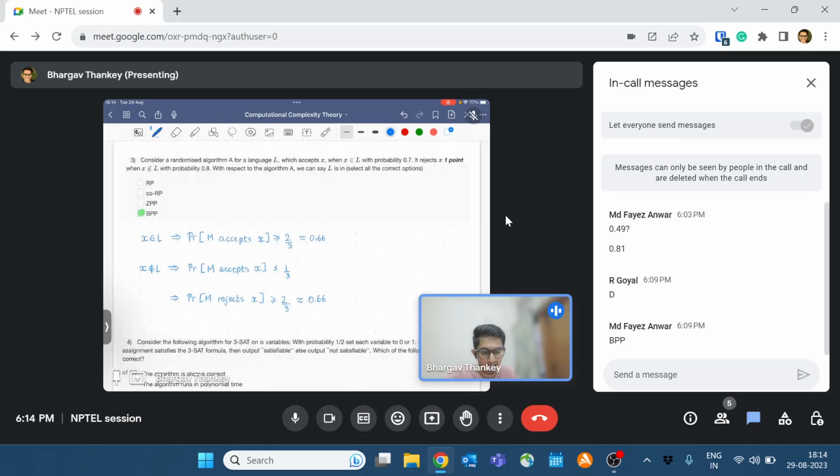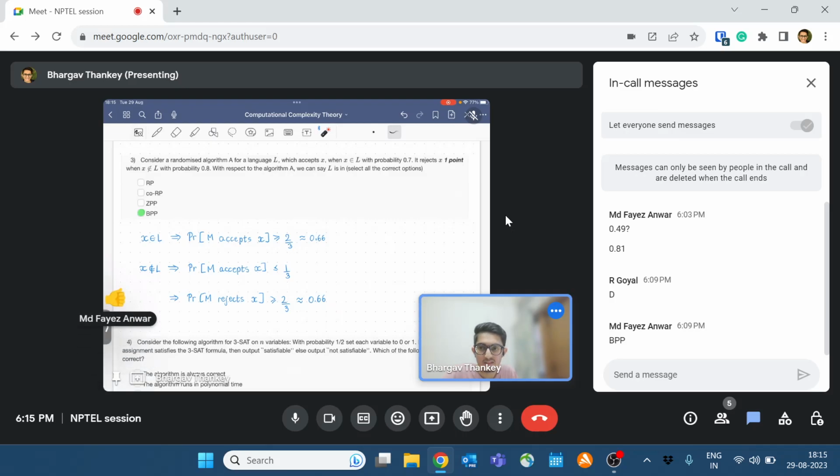Now if you compare both the probabilities, the algorithm accepts X when X is in L with probability 0.7, which is greater than this, right? So that is fine. It rejects X when X is not in L with probability 0.8, which is also greater than this, so it is fine, right?